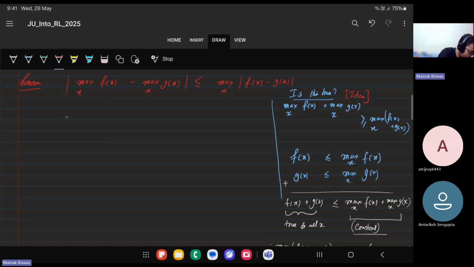So first of all, do you agree? f of x minus g of x is less than... The absolute value has to be greater than the function value, any function value.